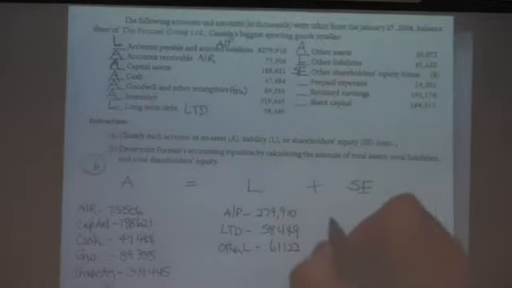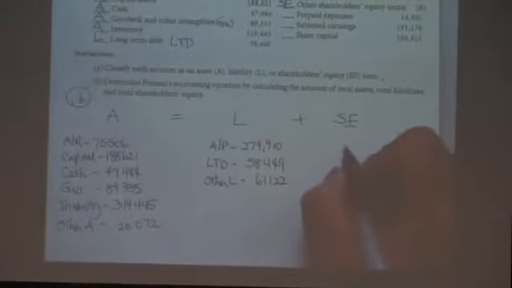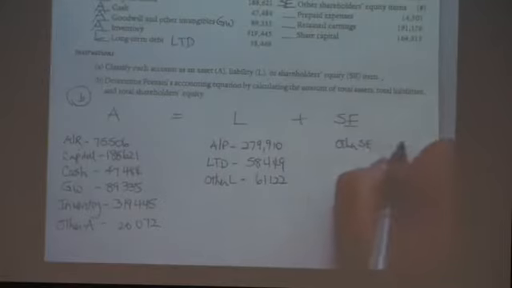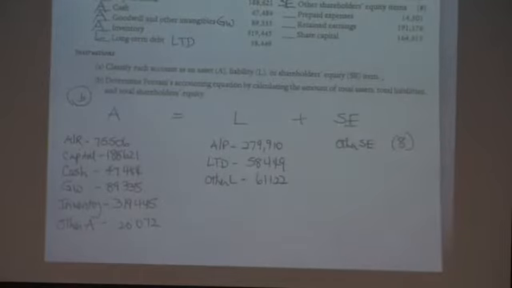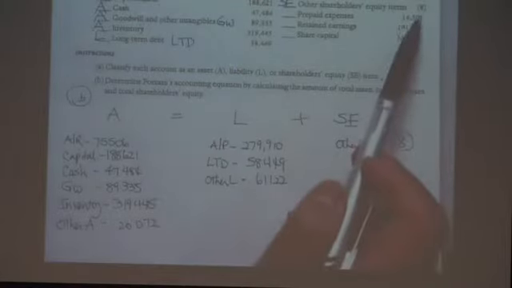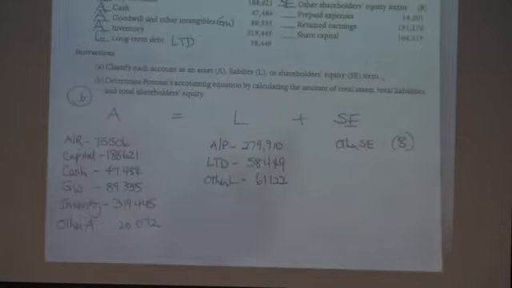And that's definitely on this side of the equation. So I'll put down other SE, and that's a -8. It's a -8, which means in the language of debits and credits, that would be what we call a debit adjustment to shareholders' equity. We'll talk a bit more about why that's a debit in other videos, but certainly in this case, we need to put that on the SE side.